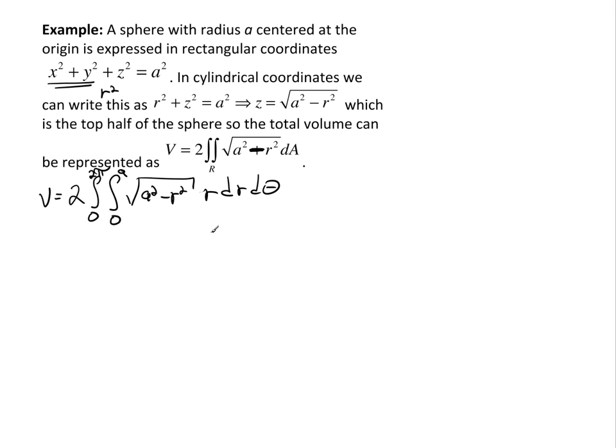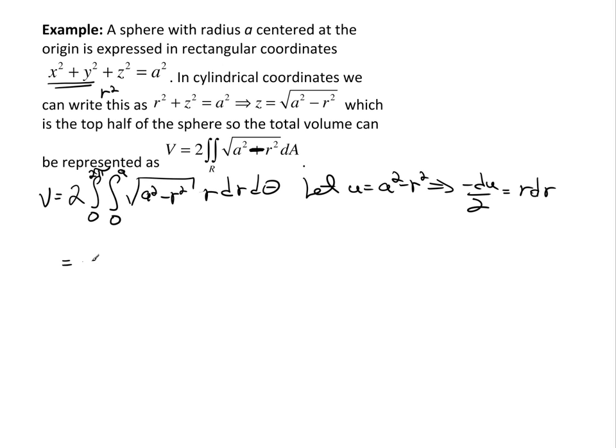And I'll integrate this like you normally would. So I would let u equal a squared minus r squared. That gives me negative du over 2 equals r dr. So obviously these 2's are going to end up canceling.